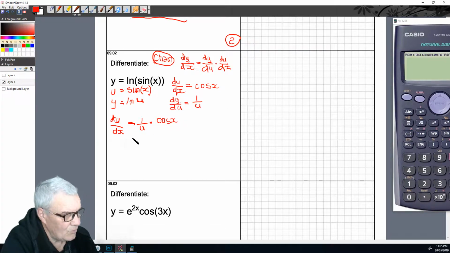Now that equals, putting back in u, cos x over sin x. We could put brackets around the x, just to keep everything nice and consistent. Cos x over sin x.